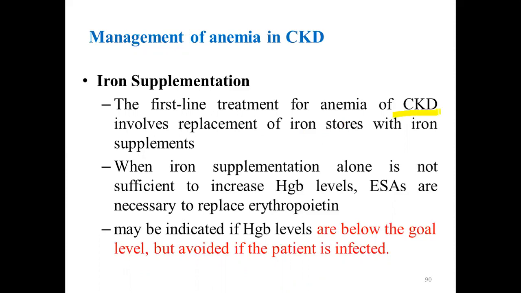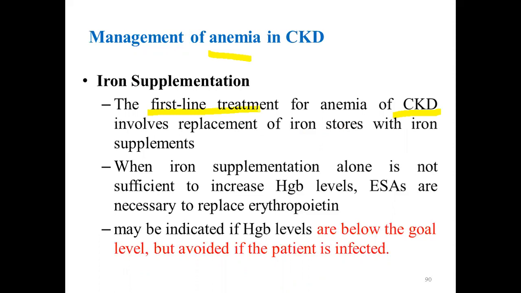So we replace iron because iron deficiency is very common. If anemia is not restored by iron supplement, they are going to continue with erythropoietin replacement therapy. But most of the time, you have to start with first line treatment.